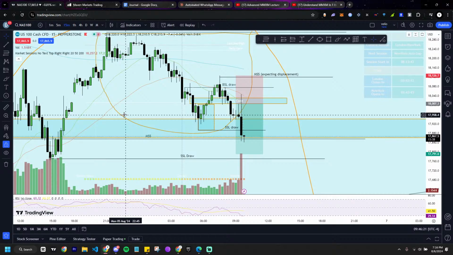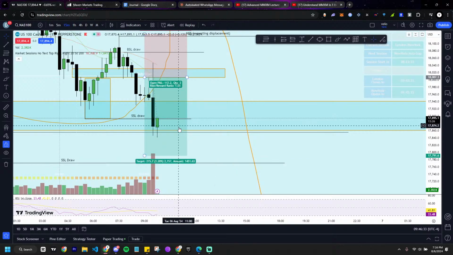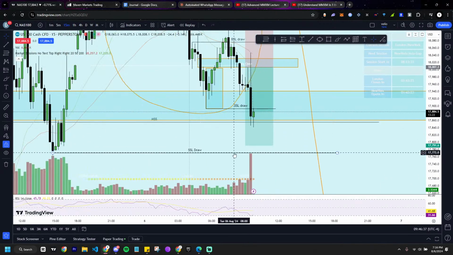It's all about losses and wins, right? Because trading is not just about wins. In this type of scenario, you see how there's bullish displacement right here. Once it reaches my SSL draw, let's say there's a lot of bearish displacement right here, I would let my TP run towards here.